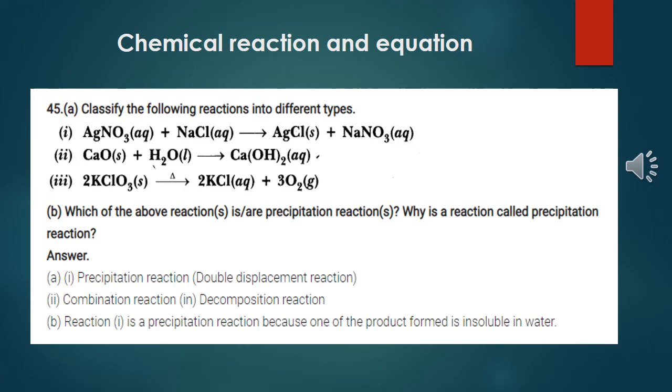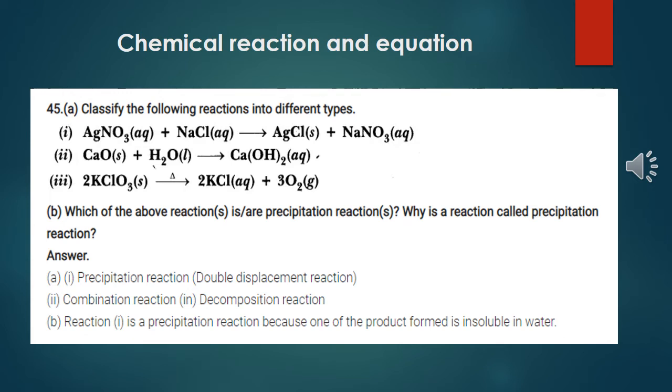Above the arrow you can see a triangle mark. This is heat. So in the presence of heat you can split potassium chlorate into two different products. So it is an example of a decomposition reaction.